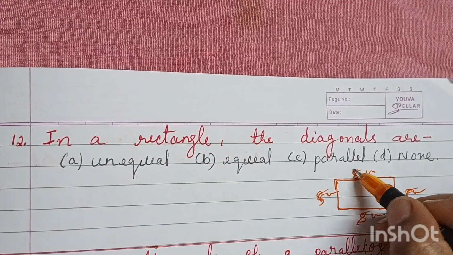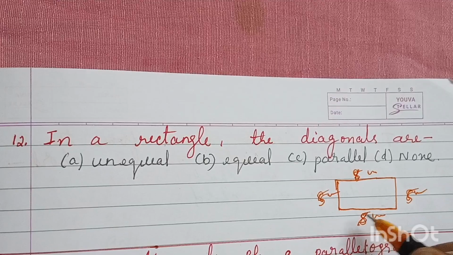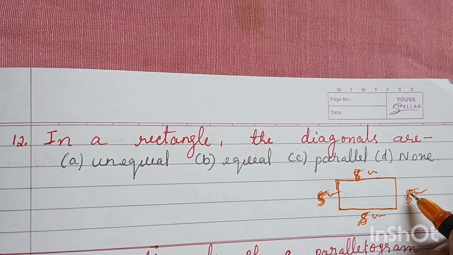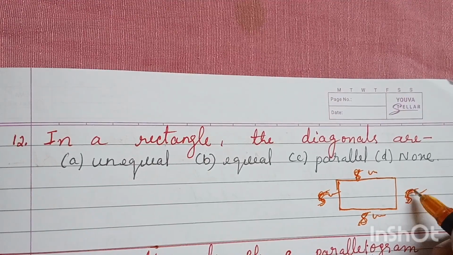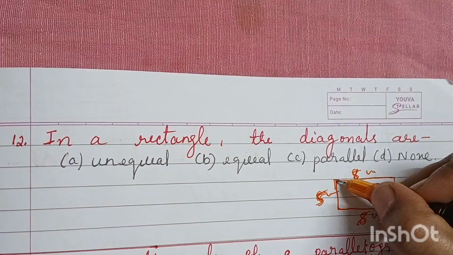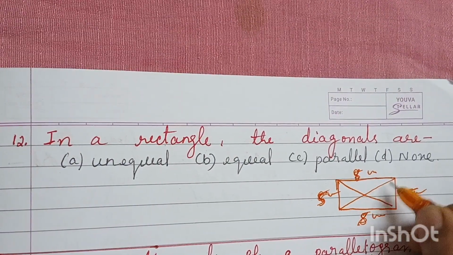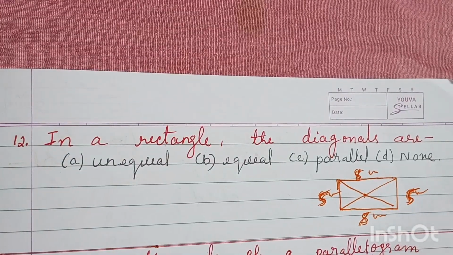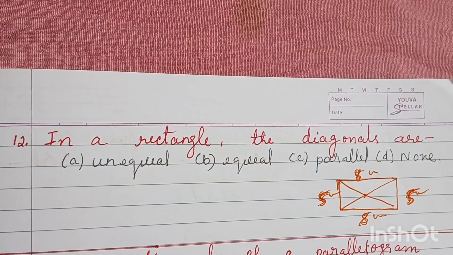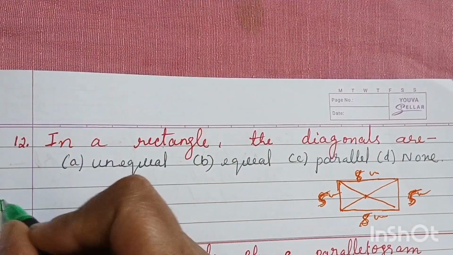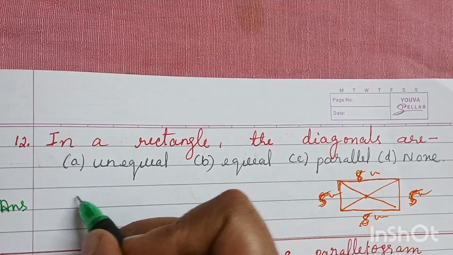Opposite sides are equal. Now we have two diagonals, and the diagonals bisect each other and are equal. So the answer is B, equal.